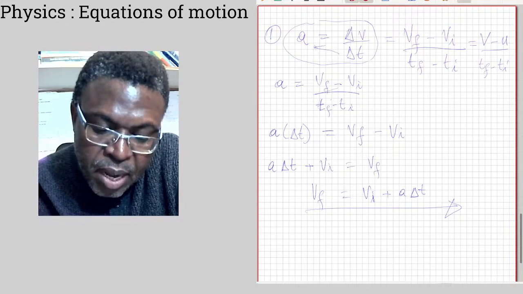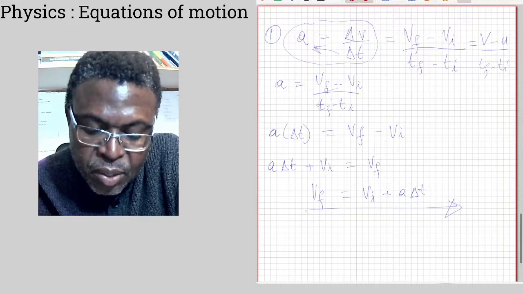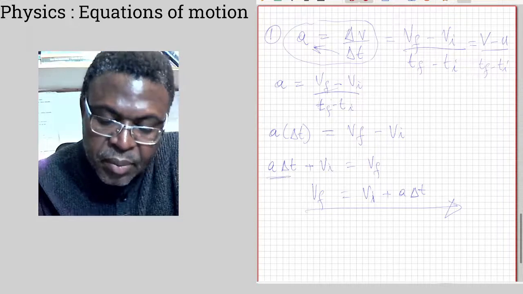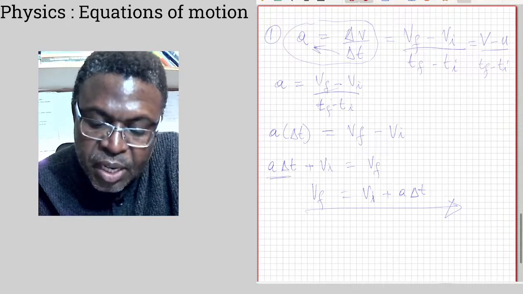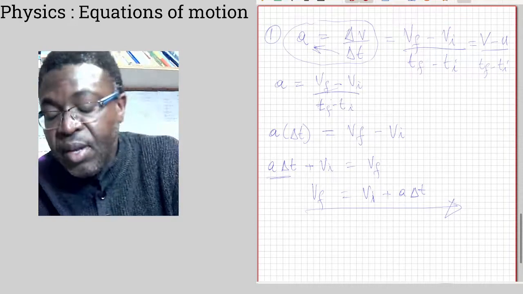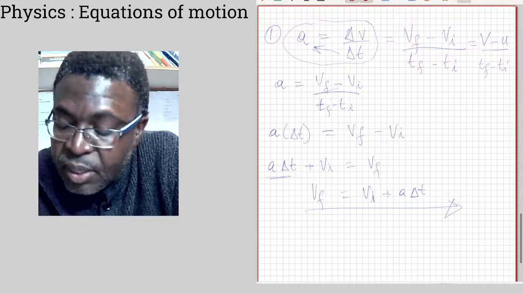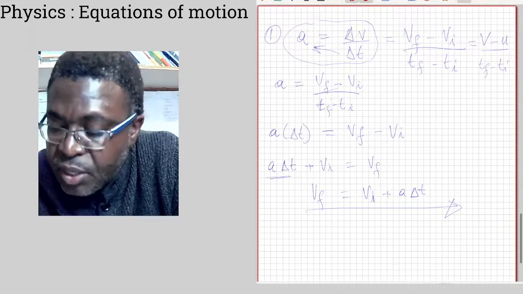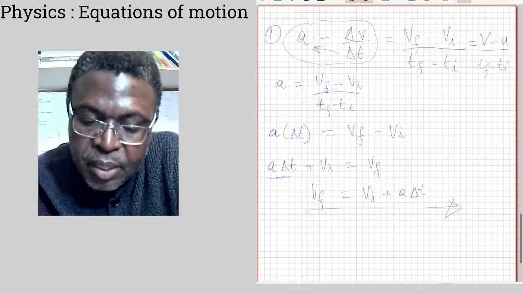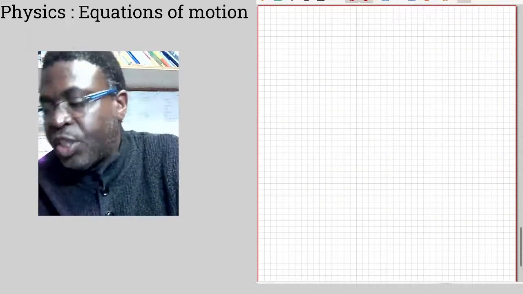You multiply change in T with A so that you get A change in T here. Then you transpose your Vi. You have final velocity equals initial velocity plus acceleration times change in time. That's it. Now let us move to the second equation.